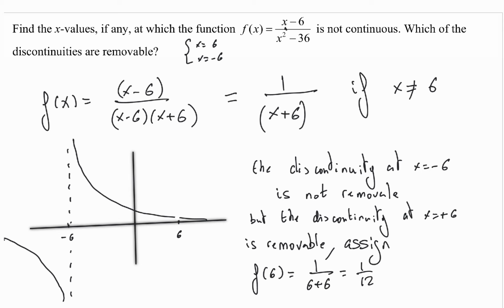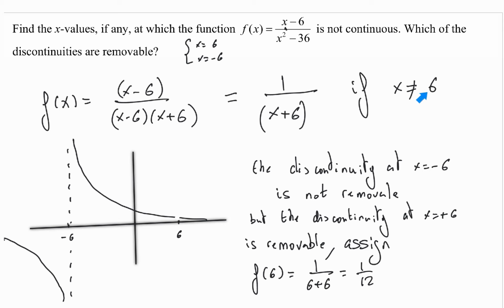To know what value we have to assign at x equals 6, we do this operation. x minus 6 divided by x squared minus 36, which is x minus 6 divided by x minus 6 multiplied by x plus 6. This will cancel and this will be equal to 1 divided by x plus 6 if x is different than 6.